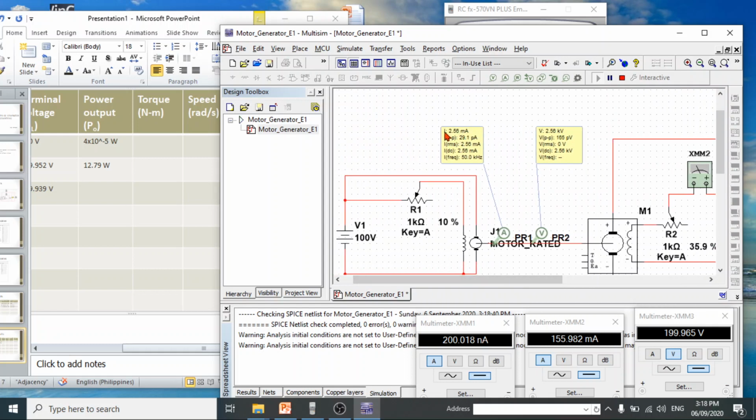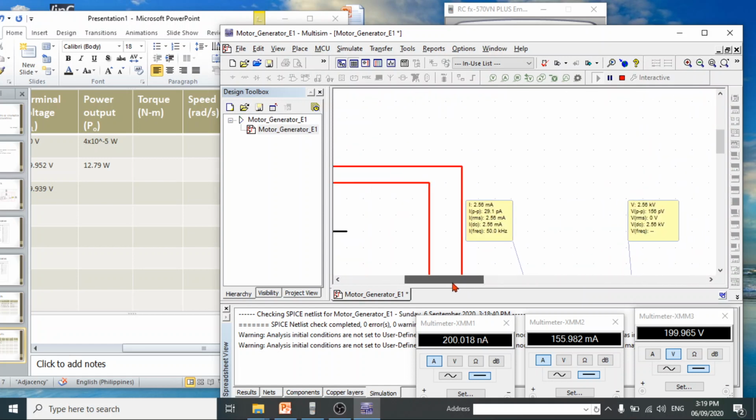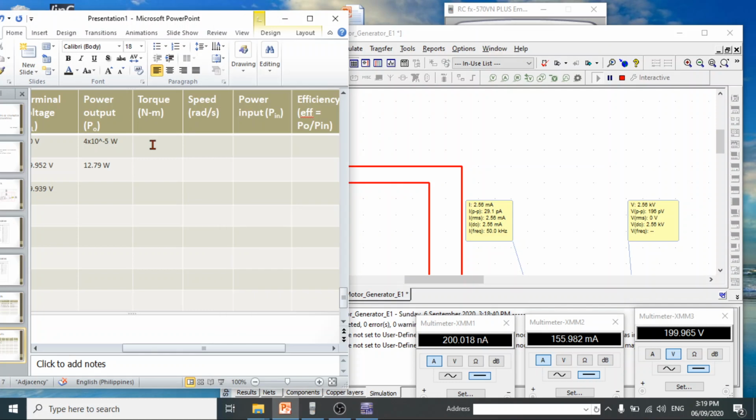For the torque, you refer to this reading. Let me zoom it out. That's 2.56 milli. You ignore ampere, you replace this one with Newton meter. So this would be 2.56 times 10 to the power of negative 3, with unit in Newton meter.